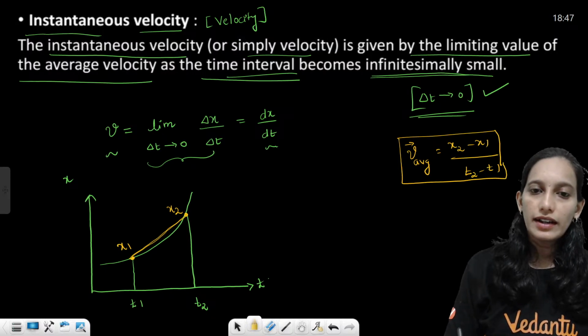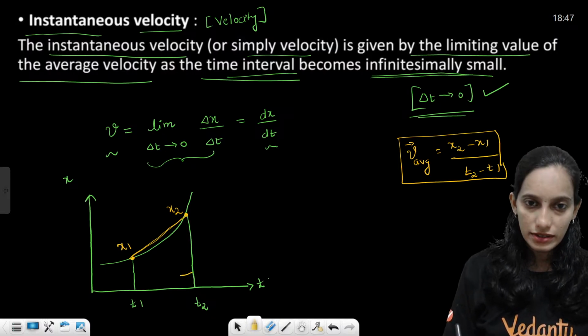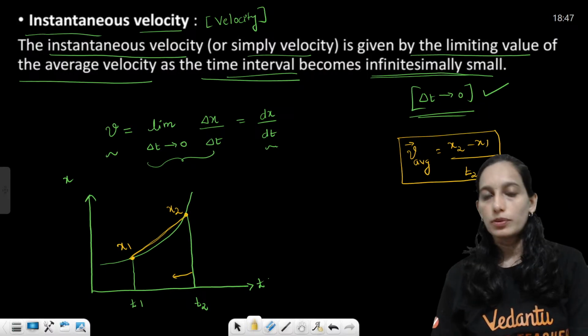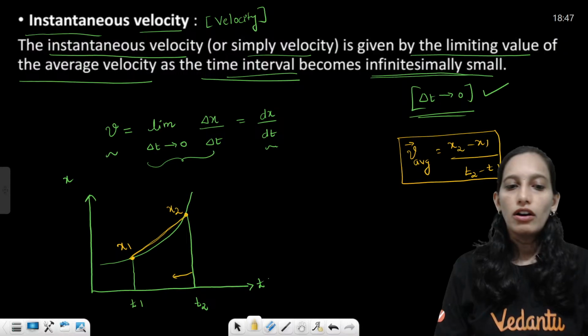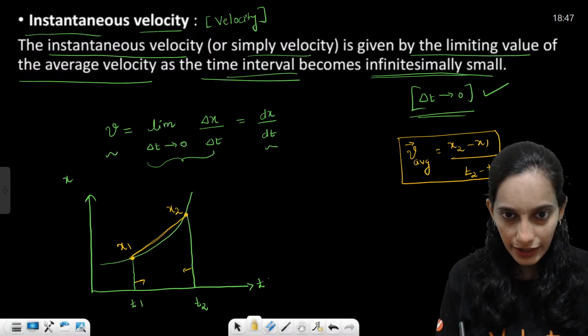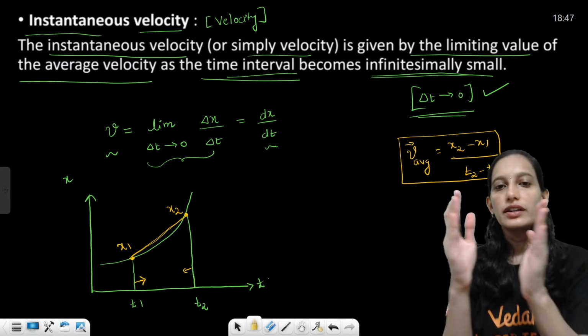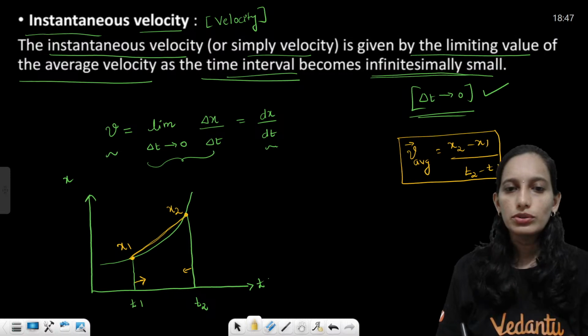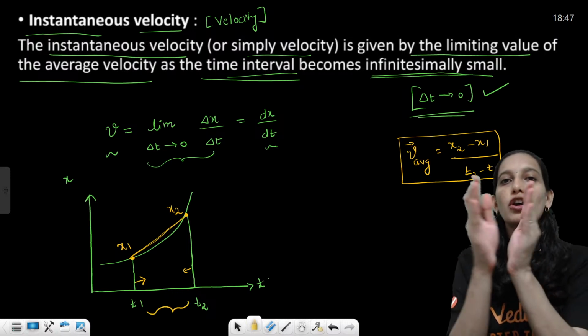Now what we will do is bring this t2 as close as possible to t1. That is our job. Or we can also say we can bring t1 and t2 close to each other. The interval must keep getting smaller. Delta t tending to 0 means we keep making this interval small.